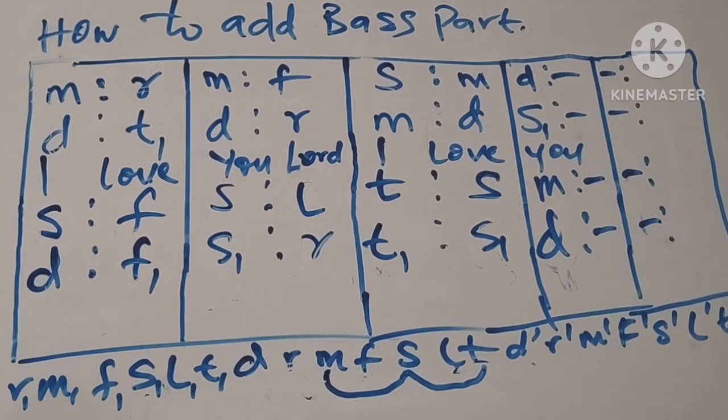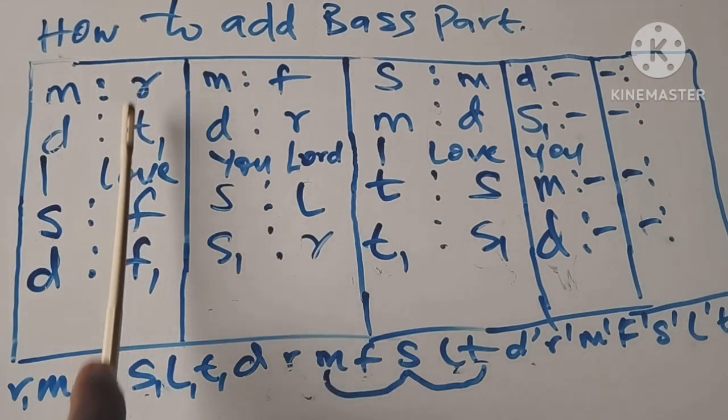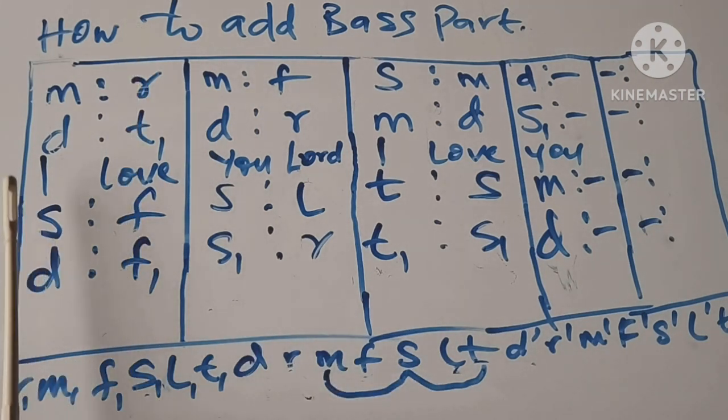There are alternatives. The bass follows what we call the principle of chording: the chord that each line forms. Do fa so re ti so do. I love you, Lord, I love you. Do you understand?